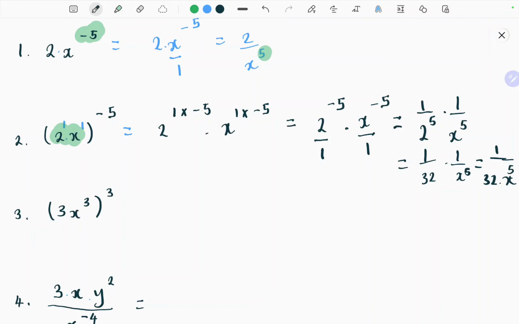So the third one is pretty much the same. Question 3 is pretty much the same as question 2. What you would do here is you would just indicate that the exponent for 3 is 1 and the exponent for x is 3, and then bring the exponent on the outside and multiply the ones on the inside.